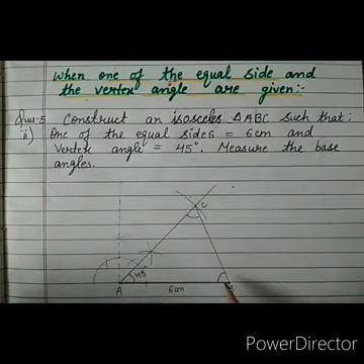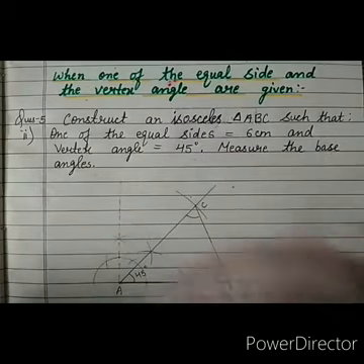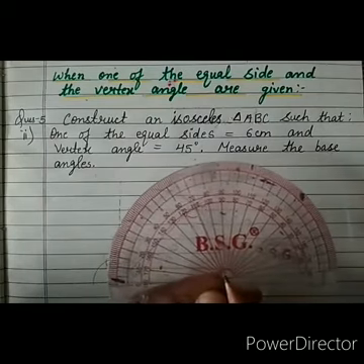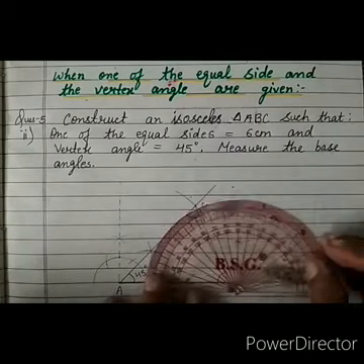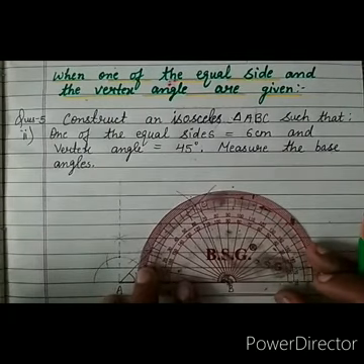For example, we have to measure this angle. The vertex of this angle is B. So this point of the protractor should coincide with point B in this way. Here it coincides with point B.